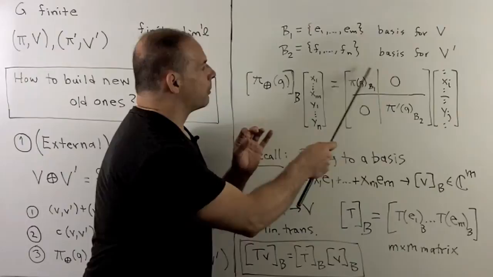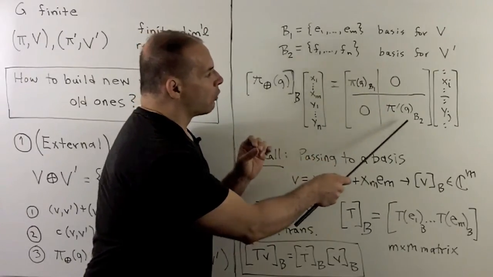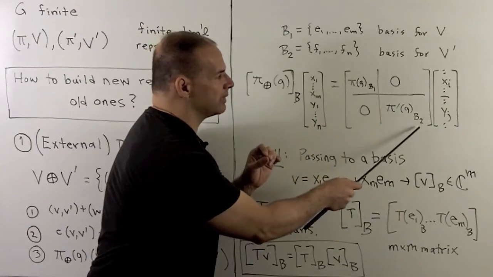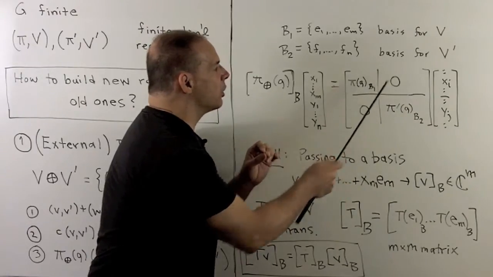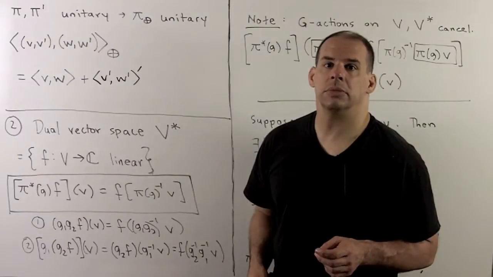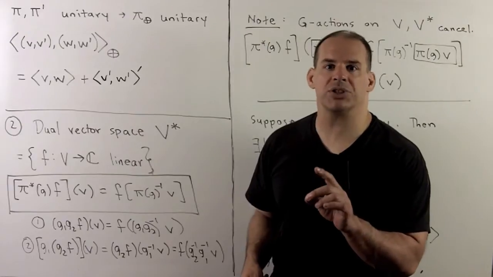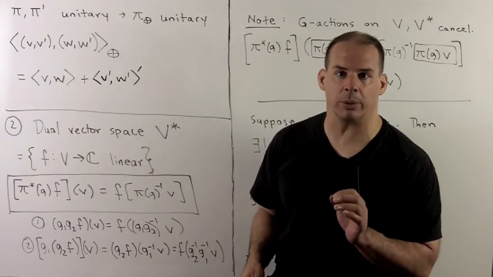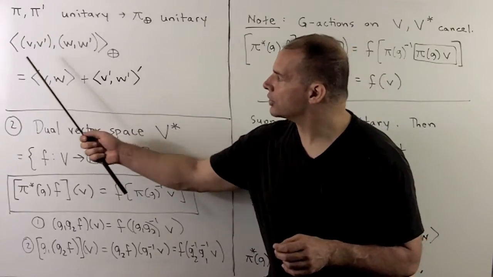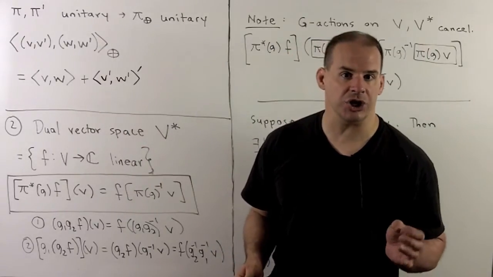In the upper left-hand corner, I'll have π(g) with respect to B1. Lower right-hand corner, we have π′(g) with respect to B2. Then we'll have zeros off the diagonals. If π and π′ are unitary, so is the direct sum representation using the following natural inner product. I'll leave it to you to show this is an inner product and that it's invariant under the G action.